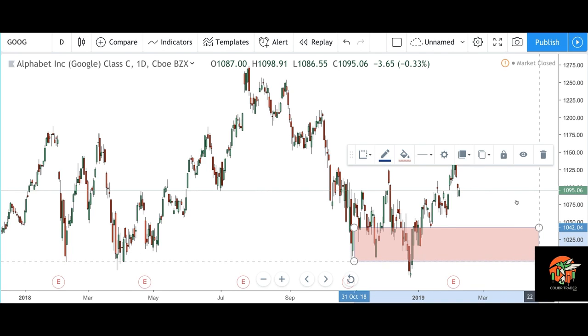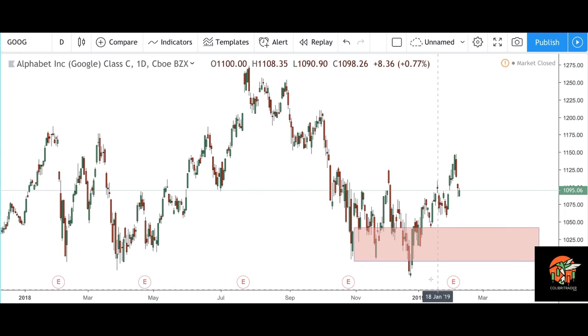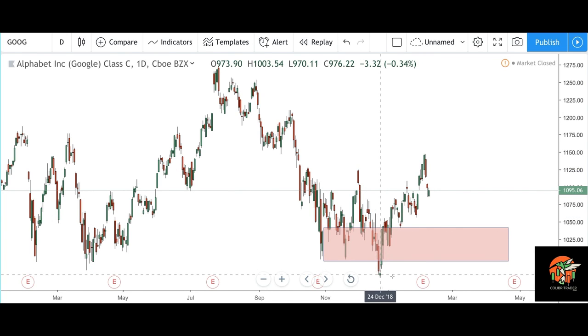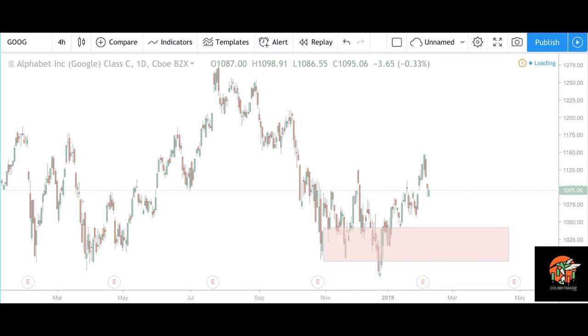Great, you have this demand area here, and as you can see from the price action, again, the price went to test the inside of the trading range once. It went higher, and then it went lower than the lower boundary, which was the bear trap that I'm looking for, and the price went to the upside.